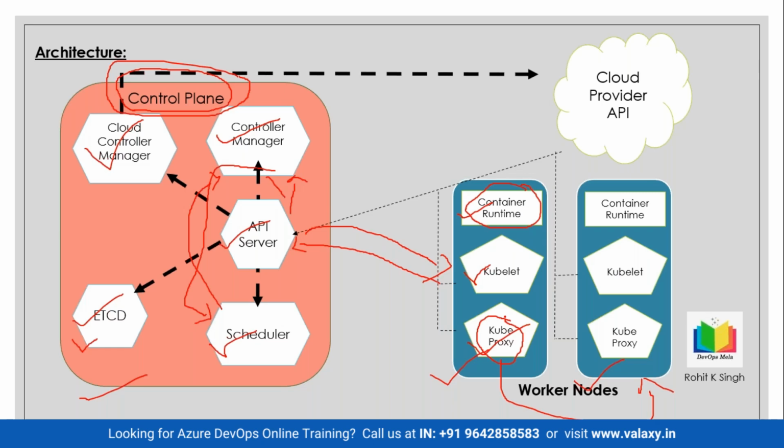All this configuration information will be stored into etcd. If you want communication between the containers, that happens using kubeproxy, and the containers get created because of the container runtime engine, that is Docker and all. Makes sense? This is how the complete workflow of Kubernetes works in real time.